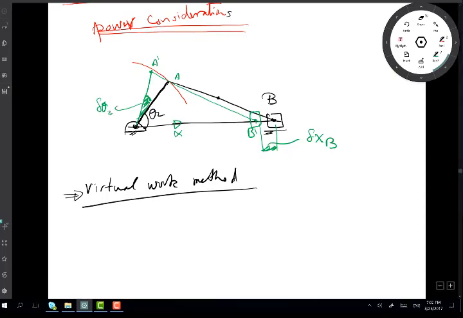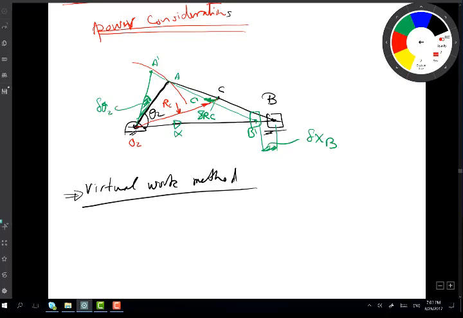Now, let's say I have point C, and point C moved to C prime. If it was initially at point C, it has now moved to another position, C prime. The distance here, we can call DRC, where RC was this vector which relates point C to the origin O2.